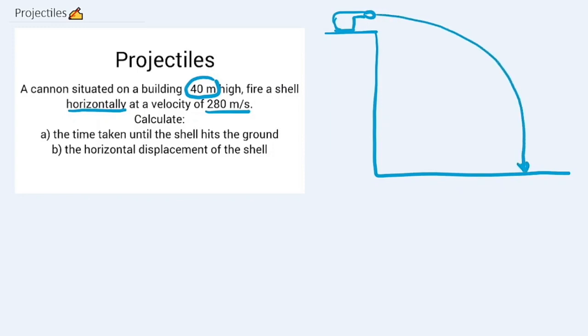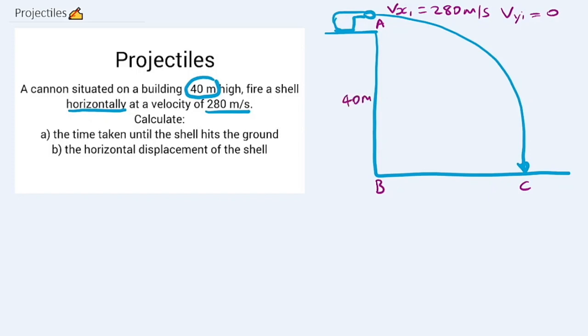Let us say here it's A, here it's B, here it's C. Then the velocity, say it is V. It's a horizontal velocity. The initial horizontal velocity is 280 meters per second. Then because it's horizontal, that means the initial y velocity, the vertical, is equal to 0. Then it's 40 meters high.